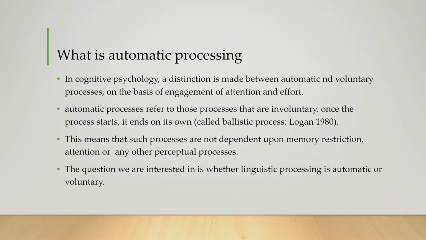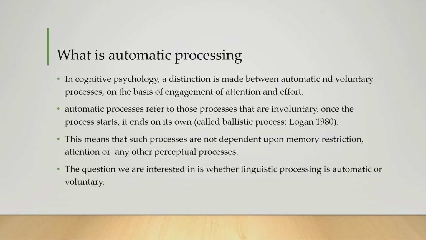So, automatic processes refer to those processes that are involuntary. Once the process starts, it ends on its own. It is something like a ballistic process as per Logan 1980. If you are interested, you can go to this paper and there is a detailed discussion there. This means that such processes are not dependent upon any other cognitive apparatus like memory.